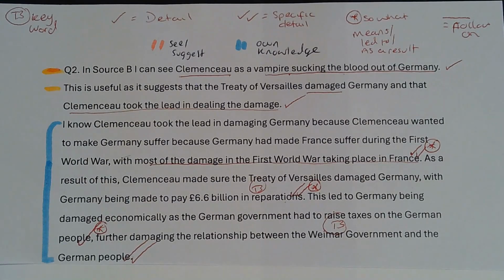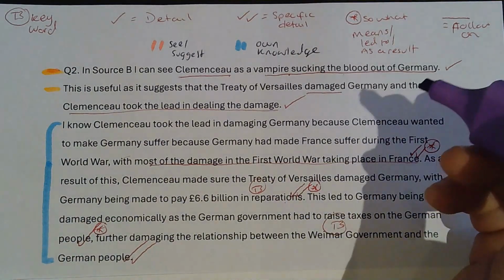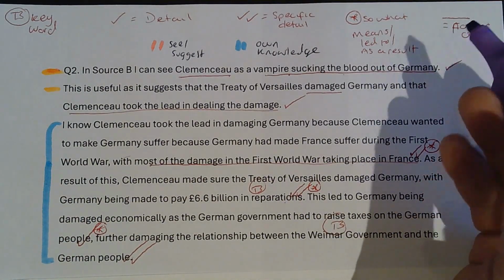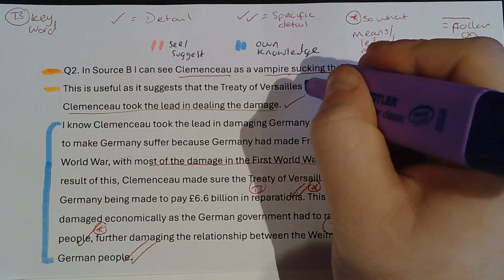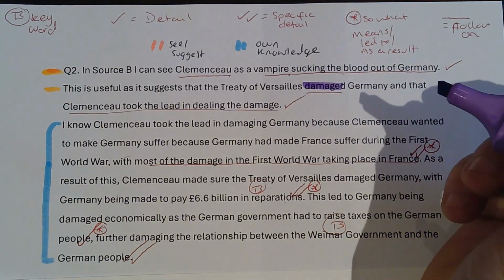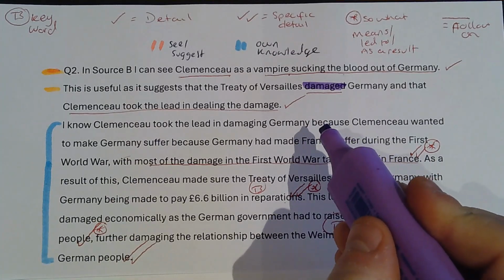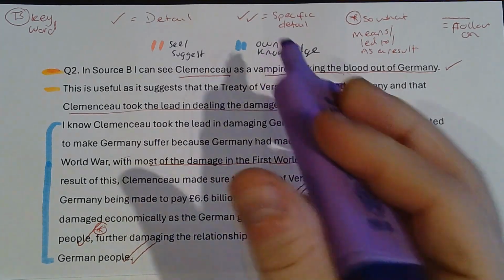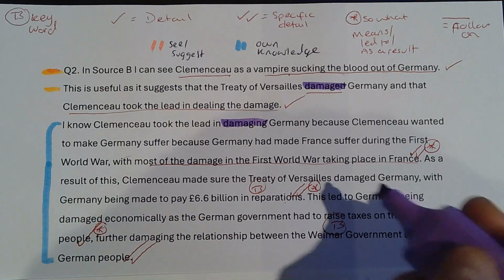But what you'll notice is something I'm going to highlight in purple, which really shows it to be very strong in the eyes of the examiner, which might even get you 10 out of 12. And it's the fact that my argument focuses on this word damage. Okay? And what you'll see here is that I keep linking back to that word damage. Look how many times I've used it. Damaging. Damage.